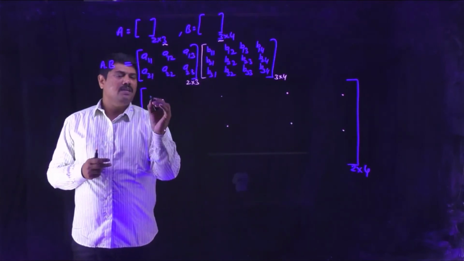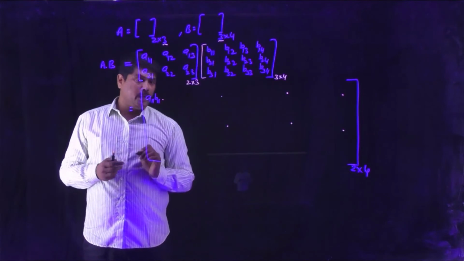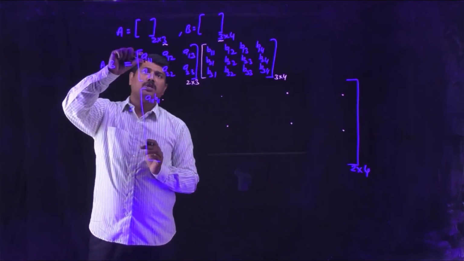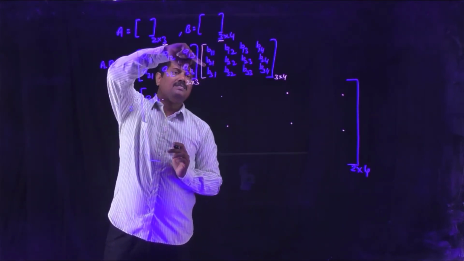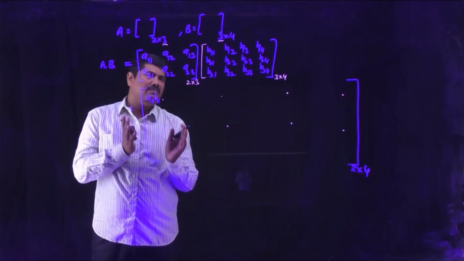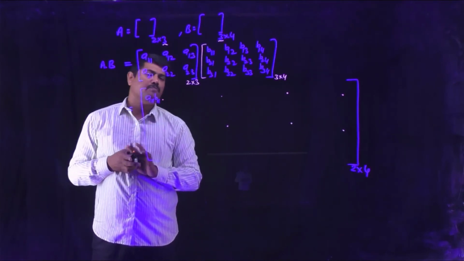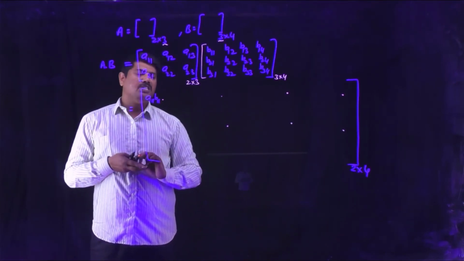So that is A11 B11. You have to multiply corresponding elements only. That means the first position element cannot be multiplied with the second position element. In doing multiplication, it is very important to multiply the elements with the corresponding positions. So don't change the positions.